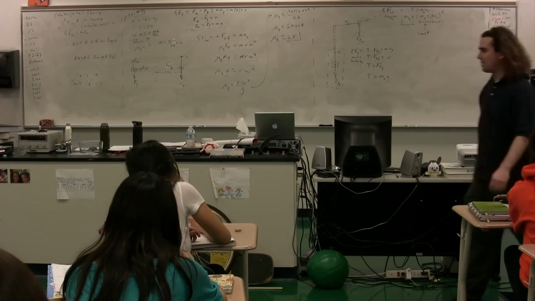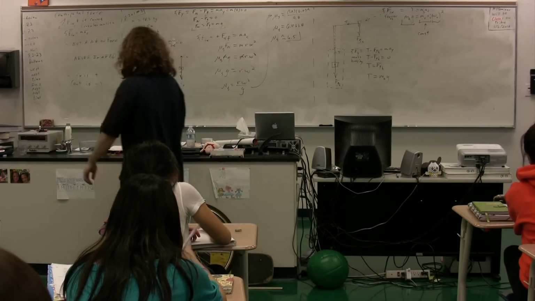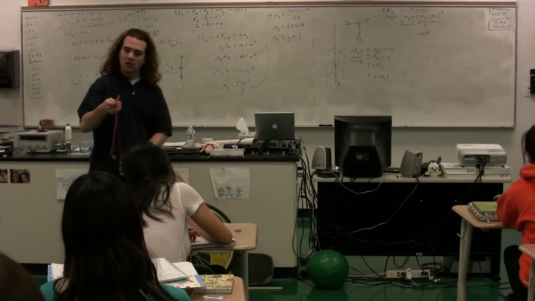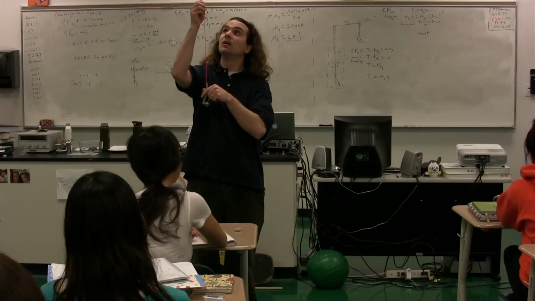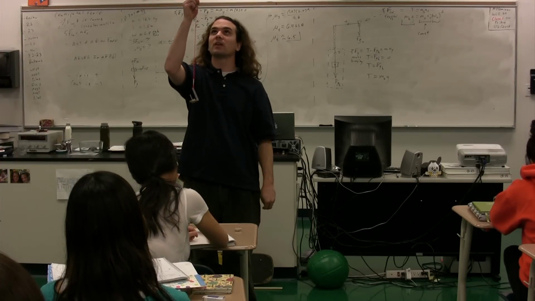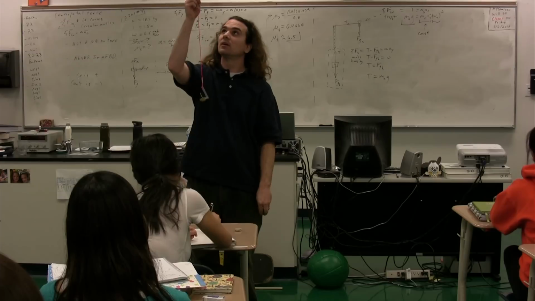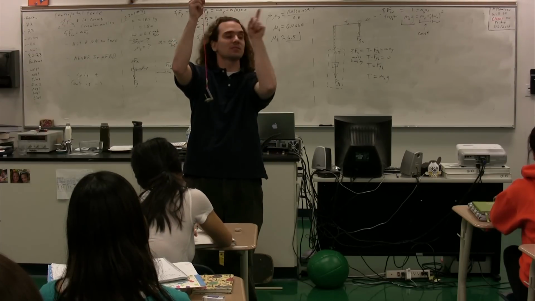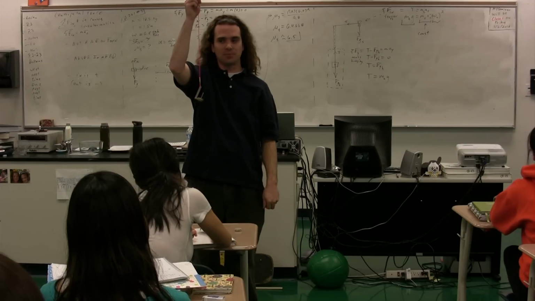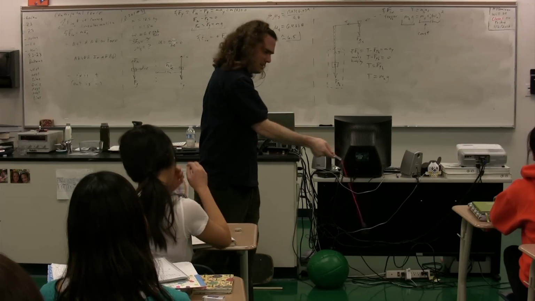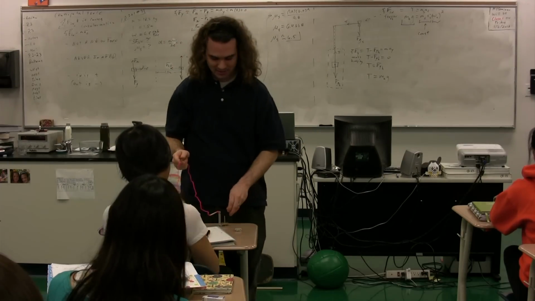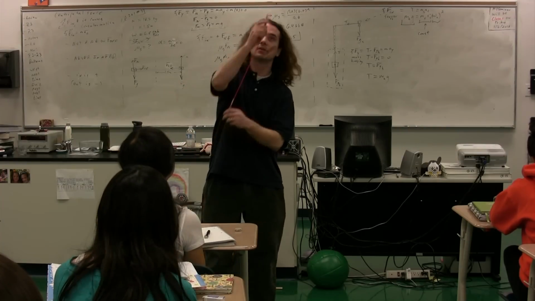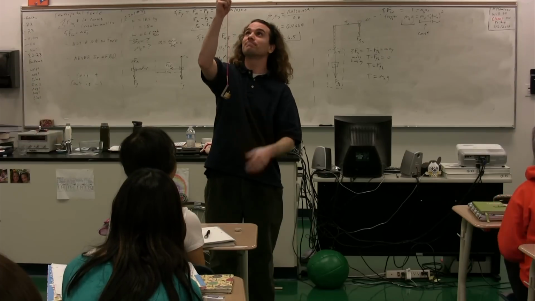So notice what happens. If I'm spinning at a certain angular velocity, this is determined by the mass hanging, the radius, and the mass of the stopper. And if I increase the mass hanging, notice what happens to the angular velocity.